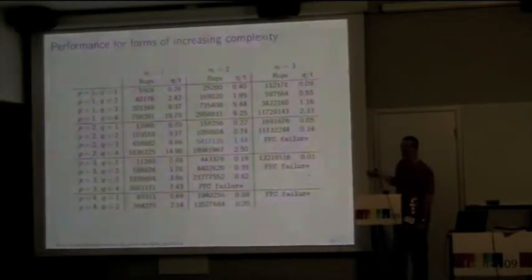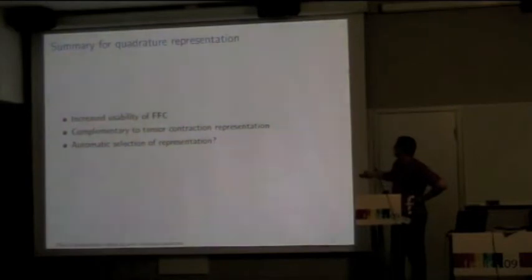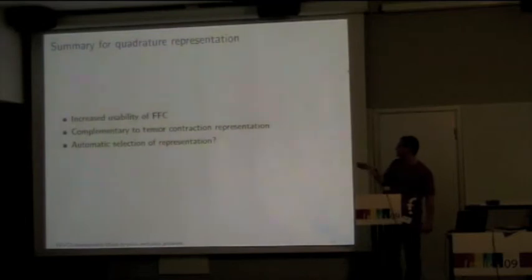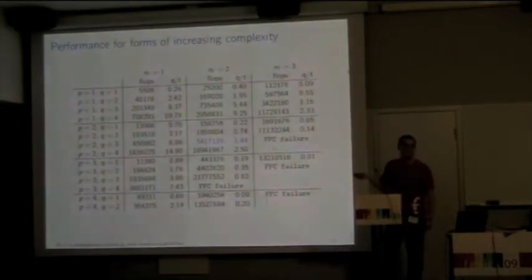So what is the threshold? Because we're thinking about choosing a value of n. Yeah. So let me just quickly show this. What we basically did was we increased the usability of FFC because we increased the range of problems that we can tackle, and it's complementary to tensor contraction because for some forms we see here that tensor contraction is much better, but for other forms like this, quadrature representation is a lot better.